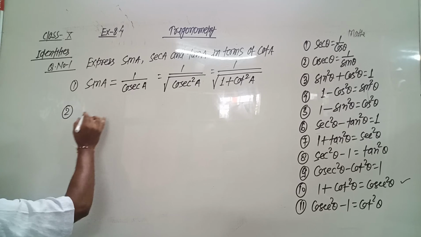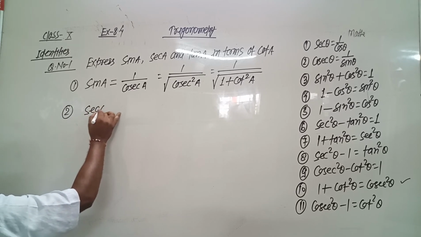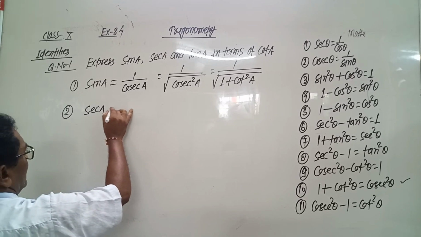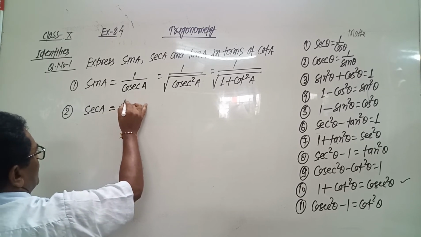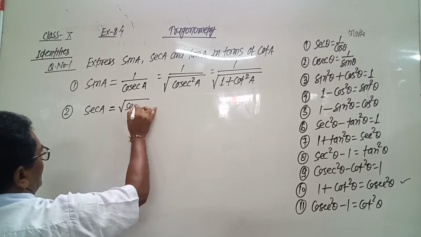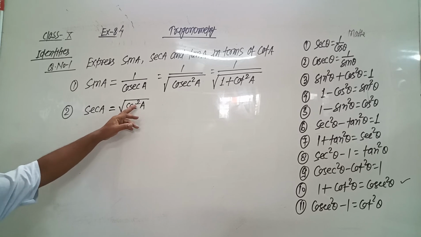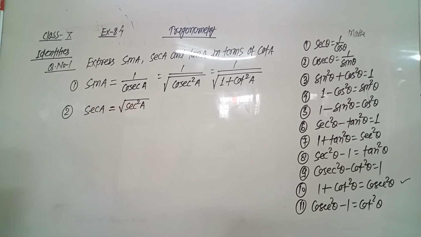Now we have to express sec A in terms of cot A. So sec A can be written as under root of sec square A, because the square root gets cancelled.